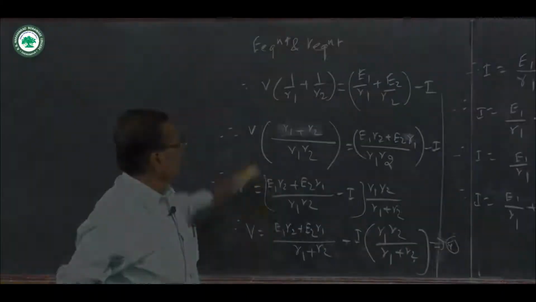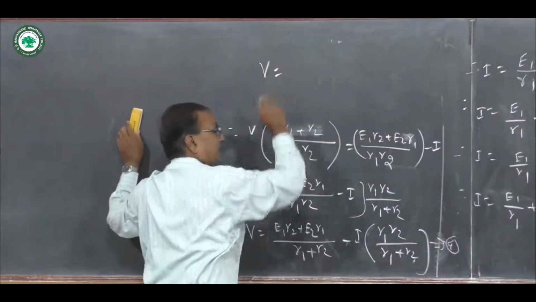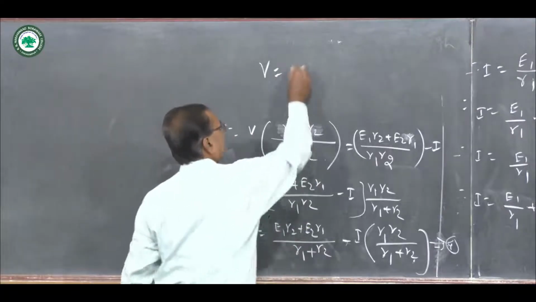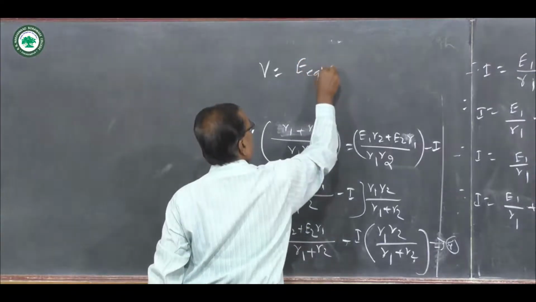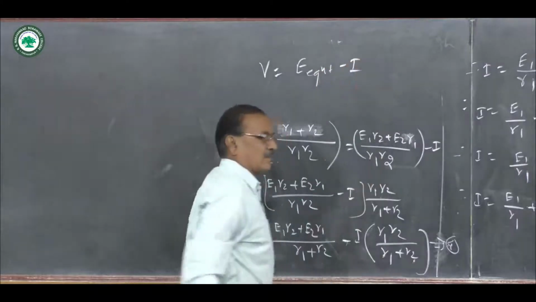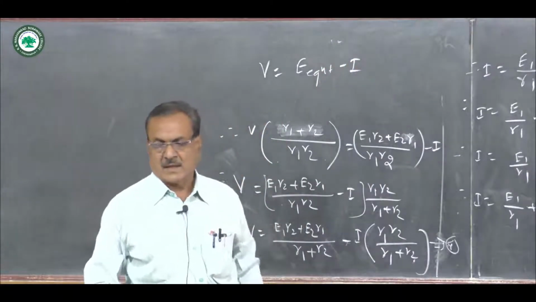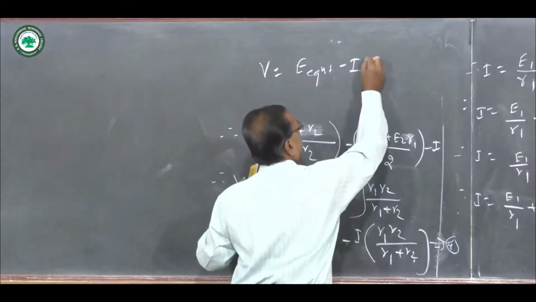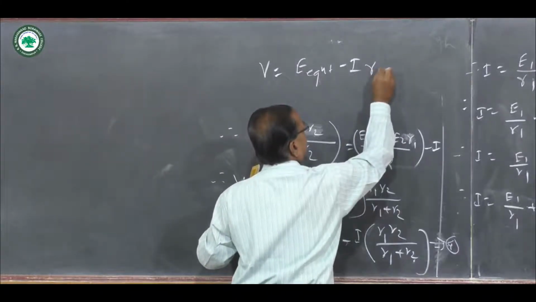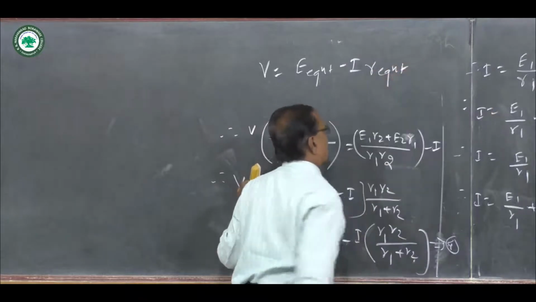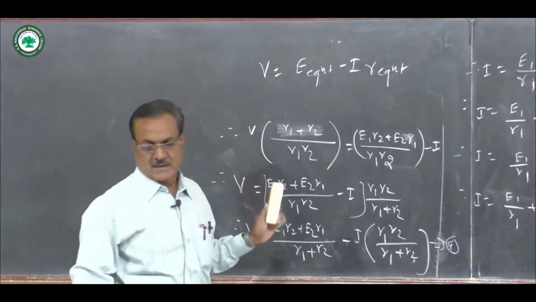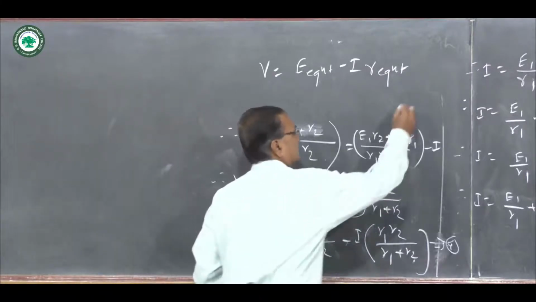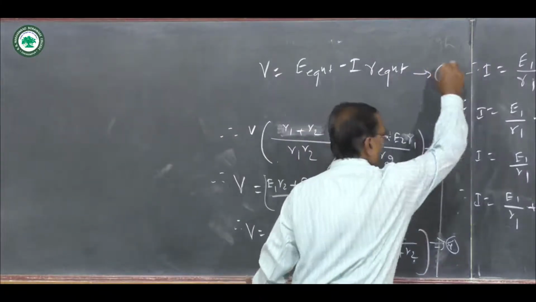Then we can write the potential difference V is equal to E equivalent minus I R equivalent, that is internal resistance equivalent. And this is equation number 5.